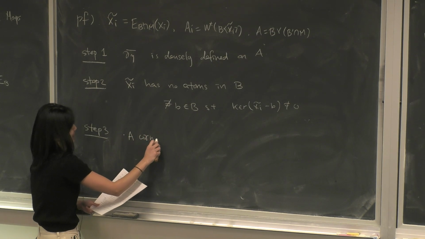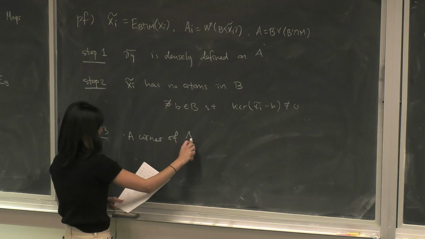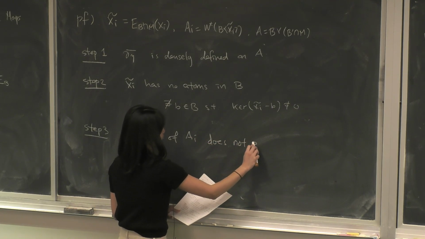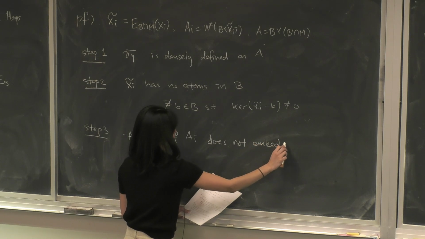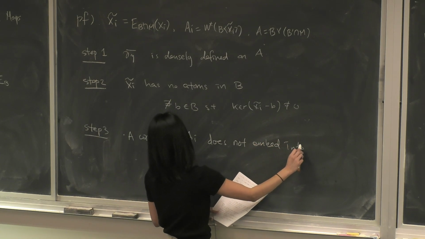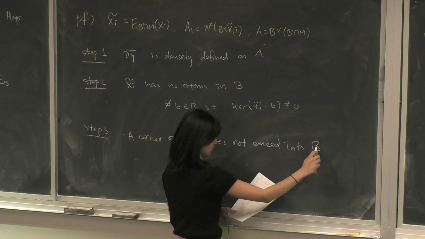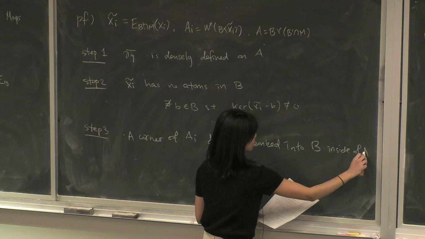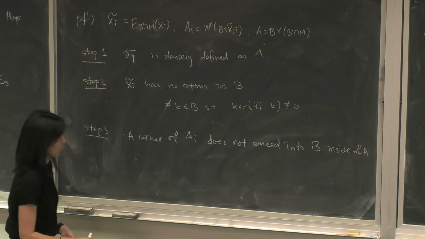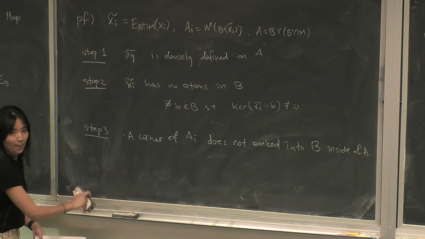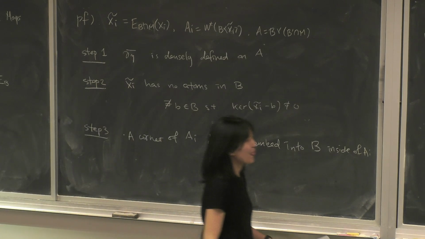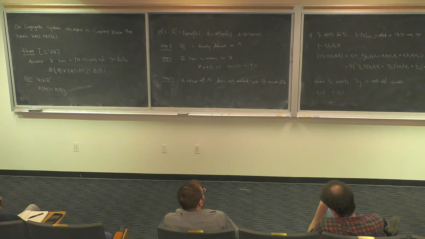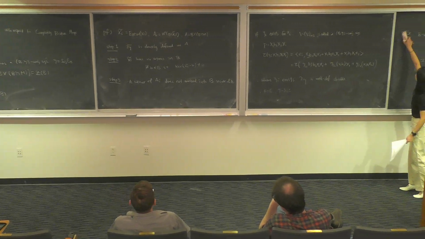A kernel of AI does not embed into B inside of AI. I'm using Popa's intertwining theorem.